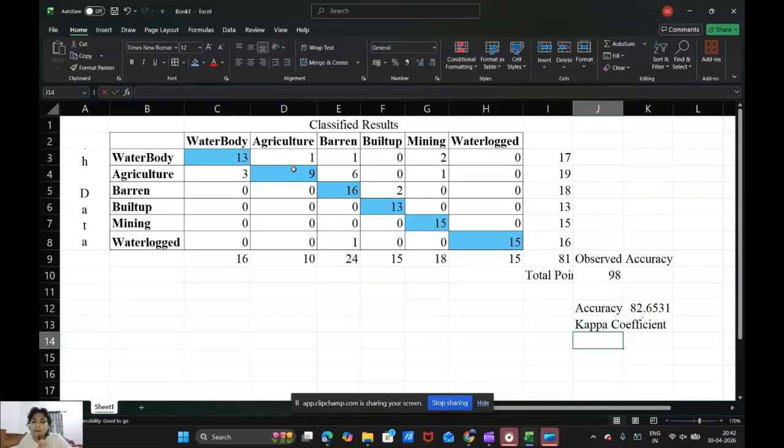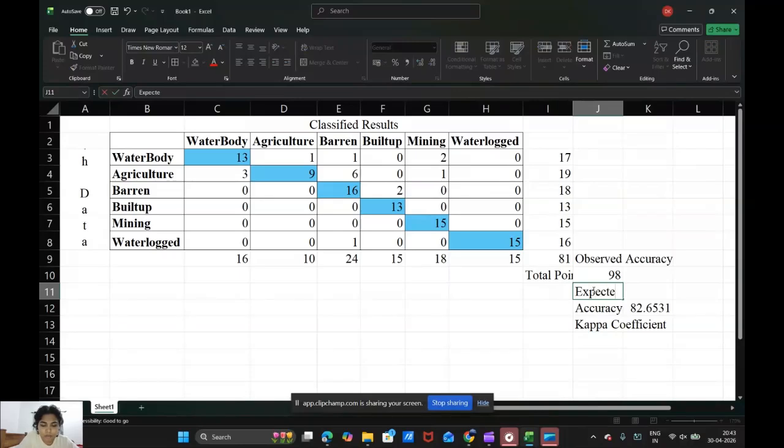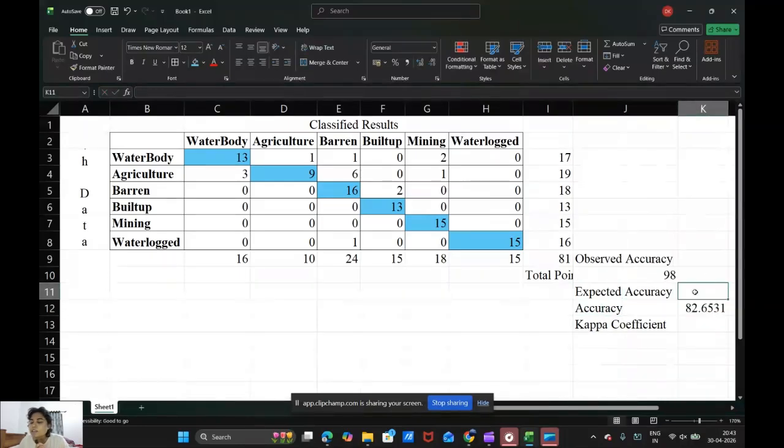Now, in order to find the Kappa coefficient, we have already found the observed accuracy. Let us find out the expected accuracy. In order to find the expected accuracy, it is a little tedious process, not very difficult, believe me.